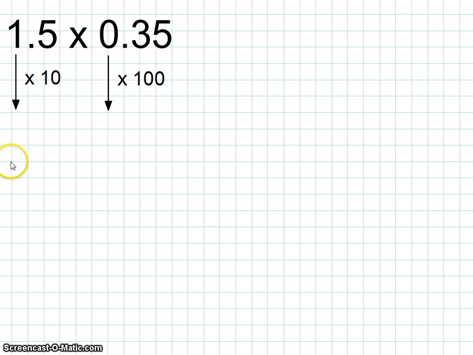Okay, so the reason I decided to do this is so that I can rewrite the number sentence just by using whole numbers. And just like we discussed in the previous video, this number sentence is not the same as this number sentence, right? I did change the question. I did rewrite the question.